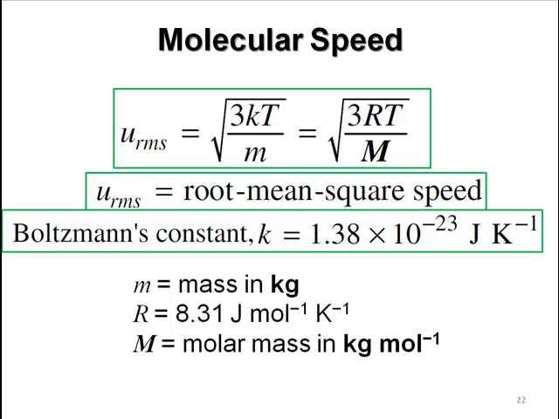Big M is molarity. The funky M is molar mass. It looks the same here; it's supposed to be italicized. If it's up to me, I put this as MM. But that's just me.